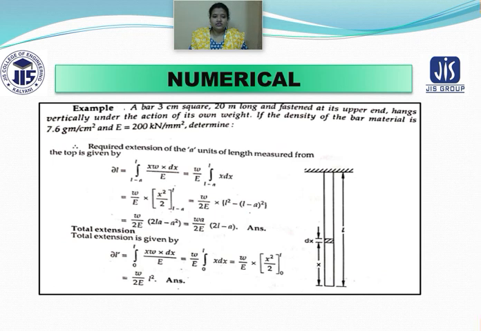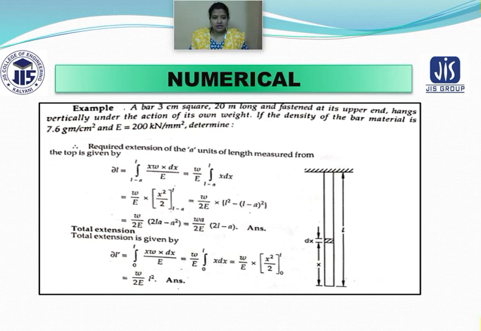So x into W into dx by E, and if you solve it, you will get W by 2E in bracket 2 into L a minus a square, that is commonly known as W into a by 2E, in bracket 2 into L minus a.